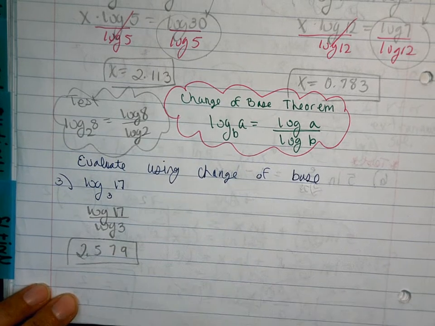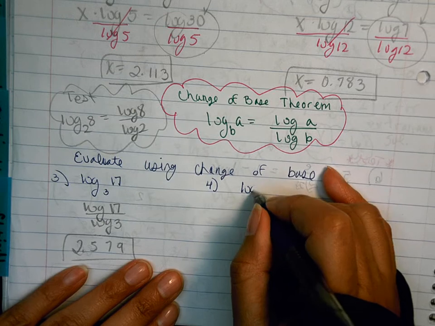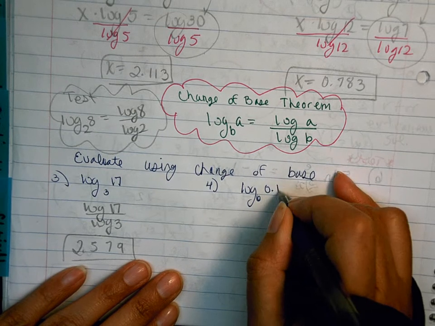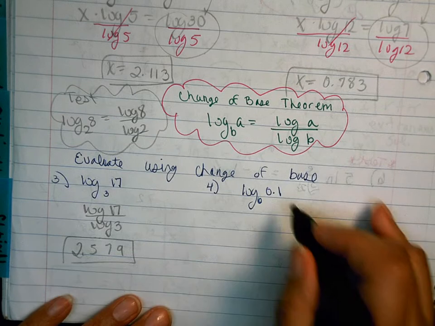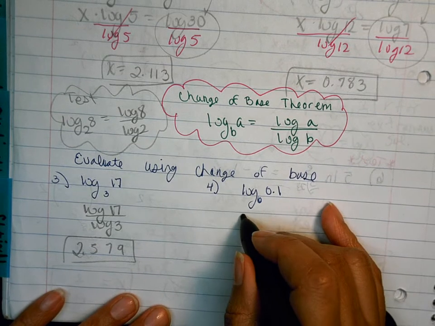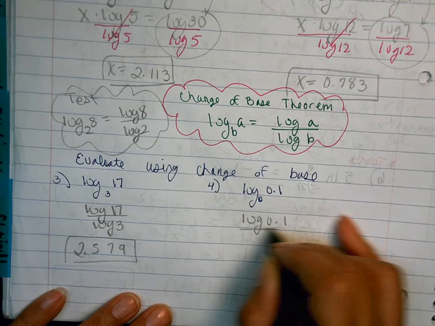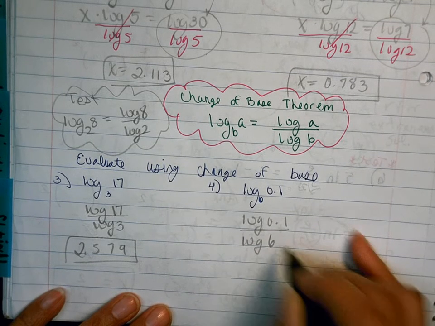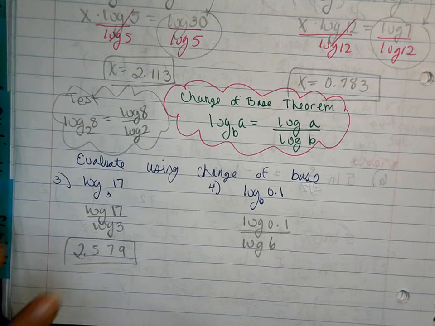All right, number 4, log base 6 of 0.1. Log of the a value, that's the value here, divided by log of the base. Log of 0.1 divided by log of 6. That's how change of base works.